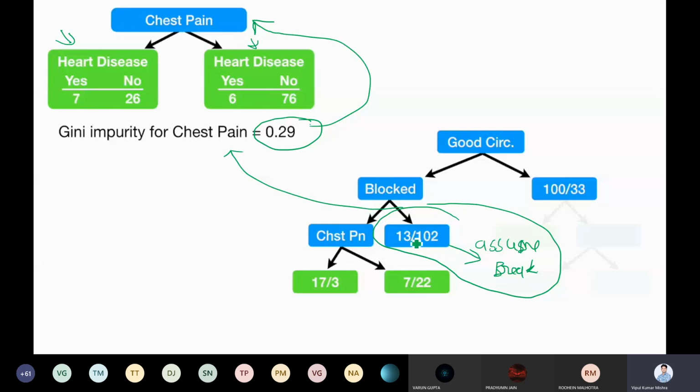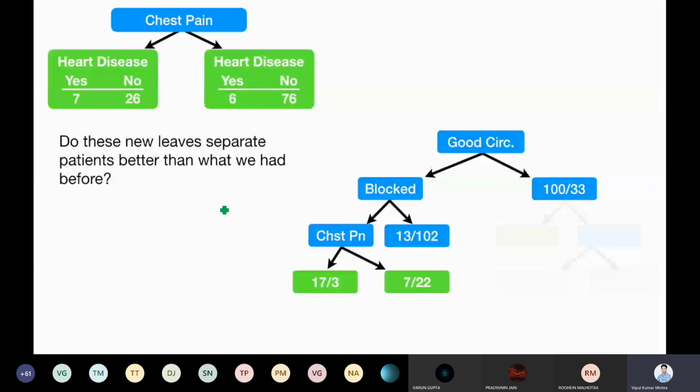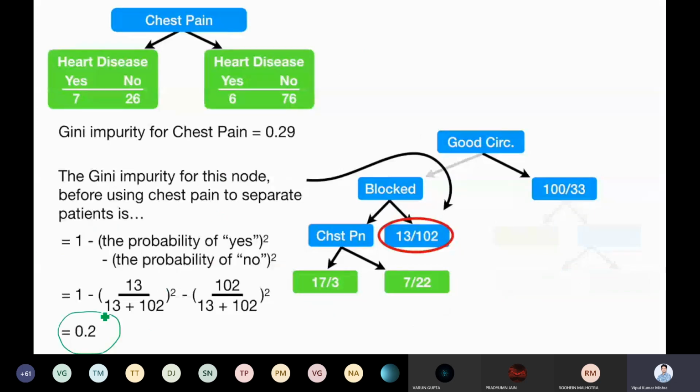If you do not break it down, the Gini score comes to 0.2. So if you break it, the Gini score is 0.29; if you do not, your impurity will be 0.2. So it is clearly indicated you do not need to break it. If you break it, instead of improving the result, it goes in the reverse direction.